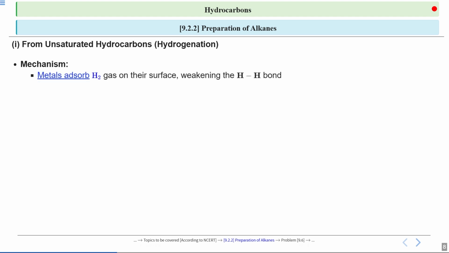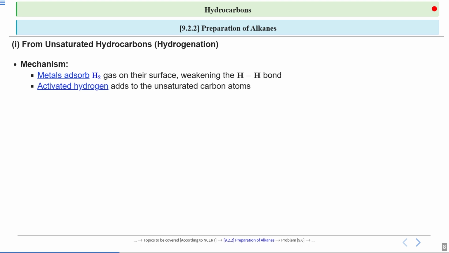Now with the hydrogen activated, it can add to the unsaturated carbon atoms. This is a key part of the hydrogenation process where the double bond or triple bond in unsaturated hydrocarbons is converted into a single bond, forming alkanes. This transformation is what makes hydrogenation so valuable in organic chemistry.